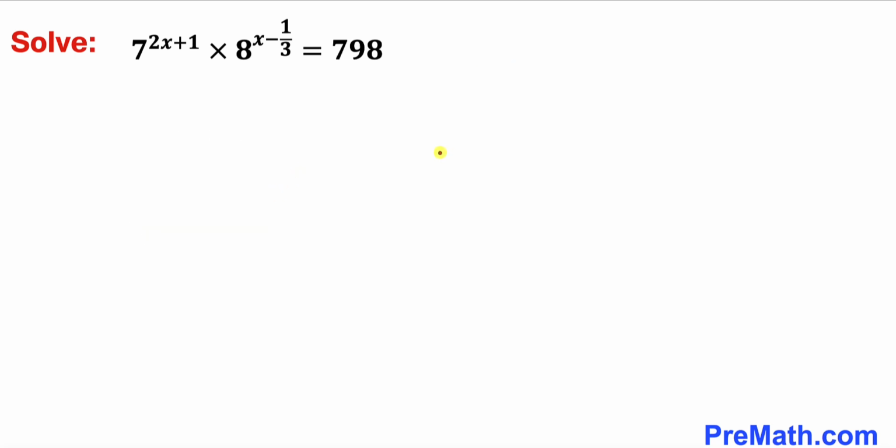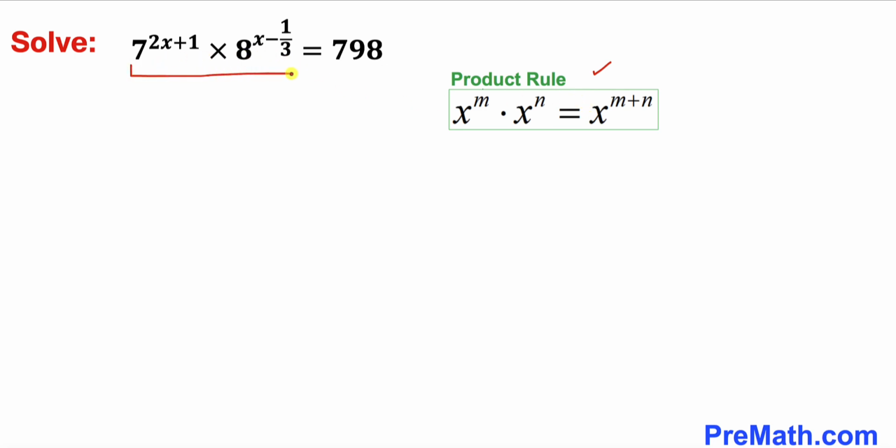Let's go ahead and get started with the solution. Now let's recall the product rule of exponents. We are going to use this rule to manipulate this left hand side.